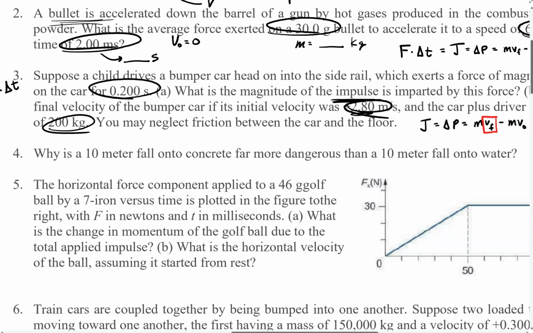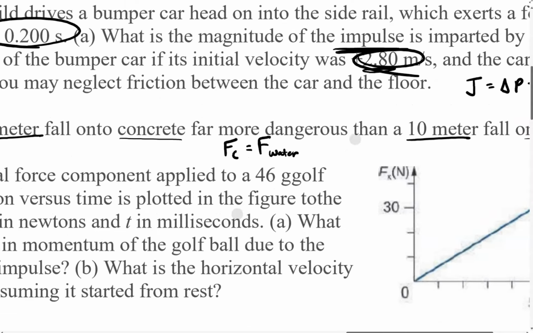In question number 4, the problem's asking, why would a 10-meter fall onto concrete be more dangerous than a 10-meter fall onto water? Well, I think it's important to note that if you fall 10 meters onto either one of these, the amount of force at impact is going to be the same. So the force onto the concrete versus the force onto water would be exactly the same.